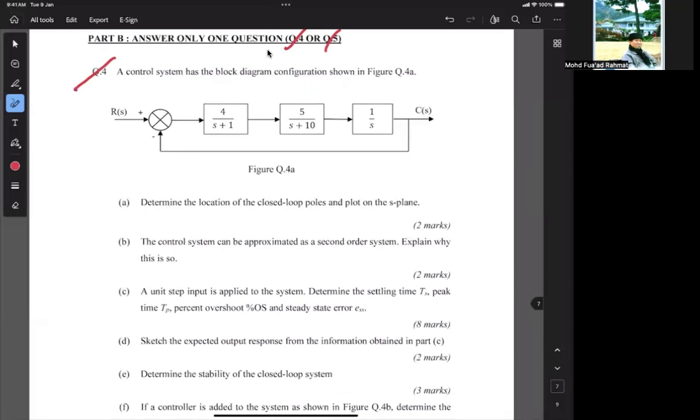So as usual, you find the open loop transfer function and then the closed loop transfer function.